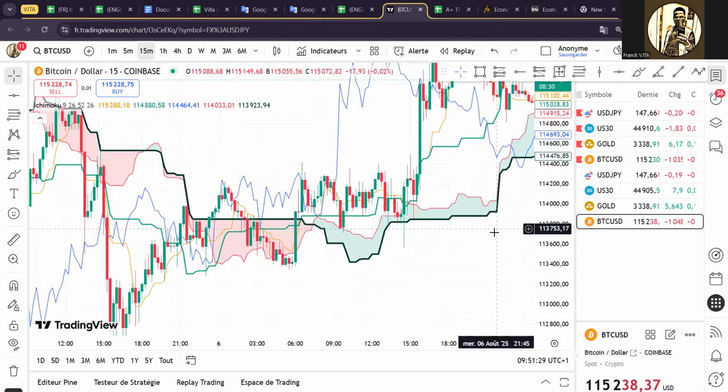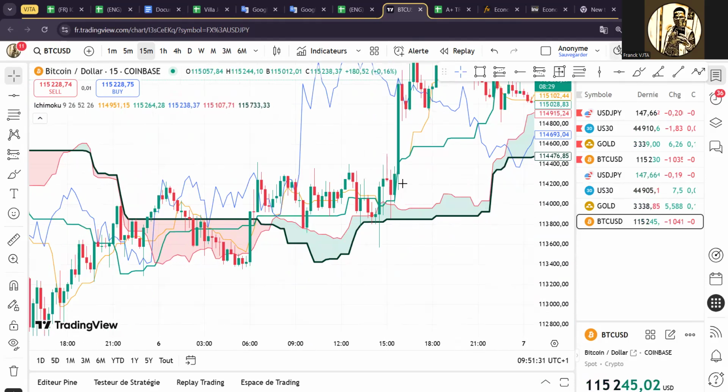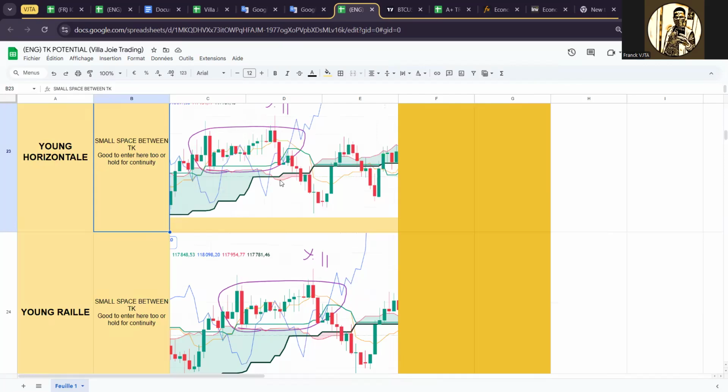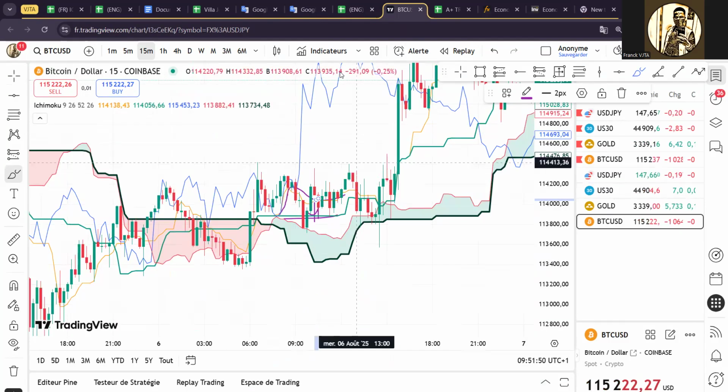So yon just means that Kijun and Tenkan are above the cloud. The TK is separated, but not that big, not that small either. And you have something horizontal like this. That's what I call yon horizontal.